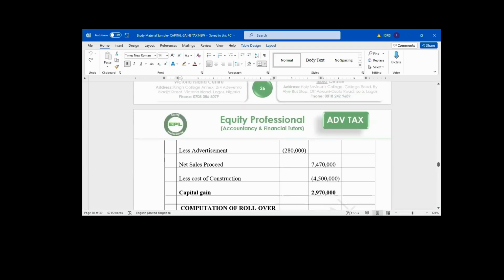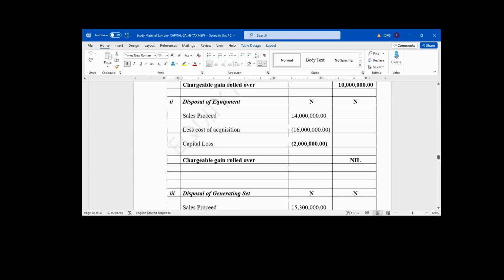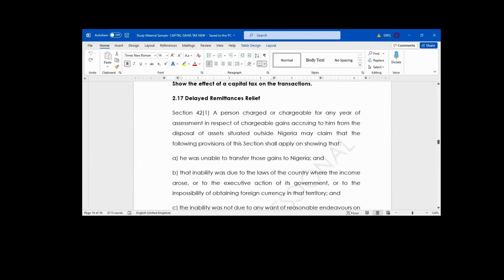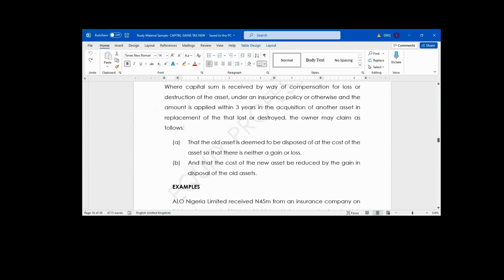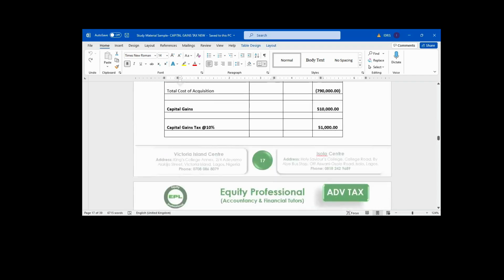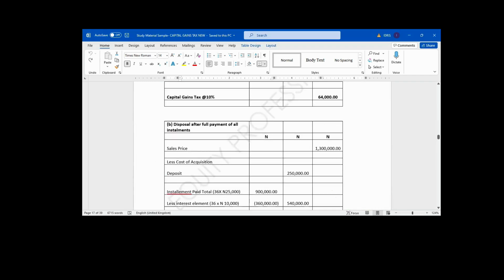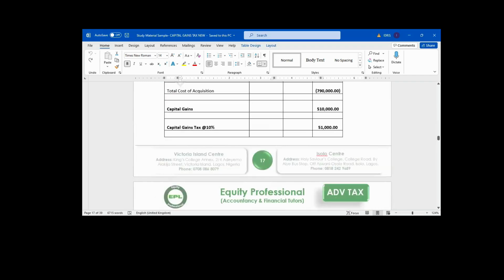First, we have looked at it from the angle of the buyer. Second, we have looked at it from the angle of the seller. And we have done illustration.